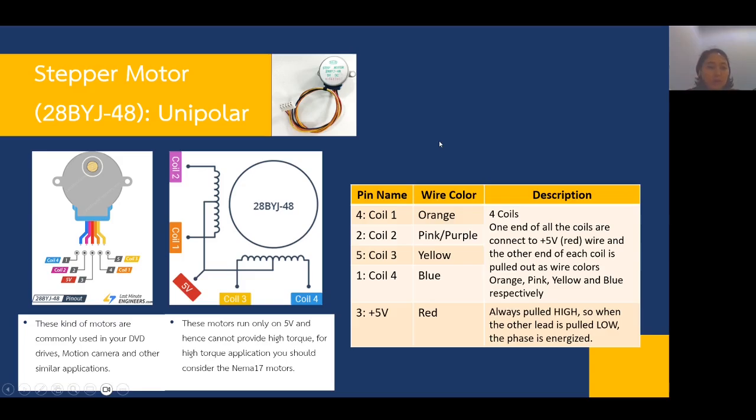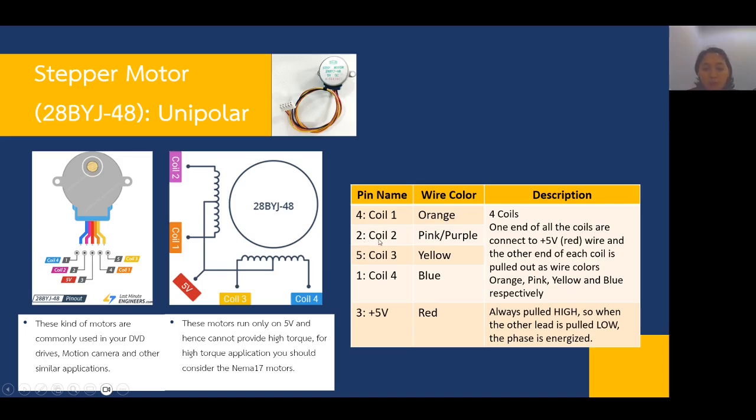The stepper motor type 28BYJ48 that is used in this homework, the configuration is unipolar. We can see in here, this is the pin. There are 5 pins in the stepper motor 28BYJ48 that we can see in this table. The description of the pin name and wire color. Pin 4, this is for coil 1 with the wire color orange.